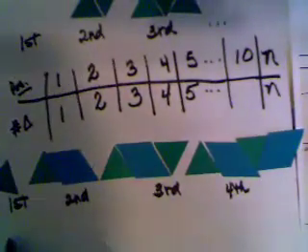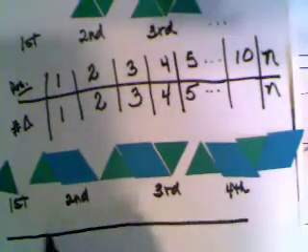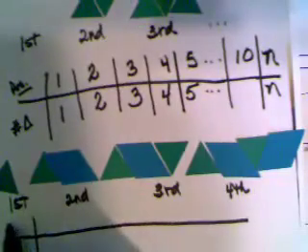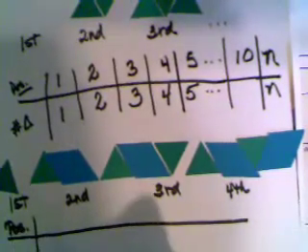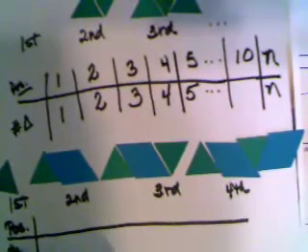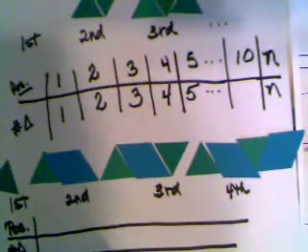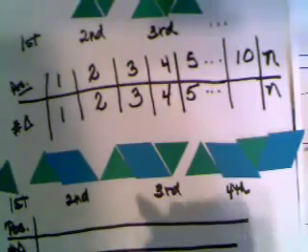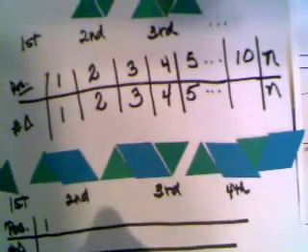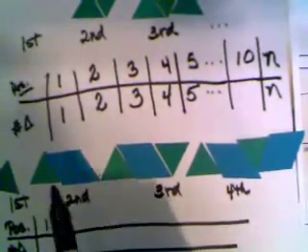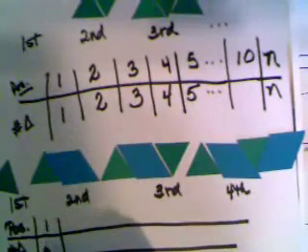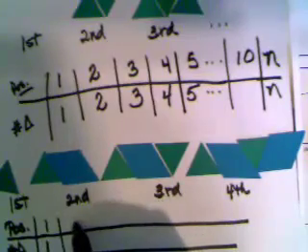So let's make a table. We'll have our position. We will have the number of triangles, and we'll have the number of parallelograms. So in position 1, I would have one triangle and no parallelograms.